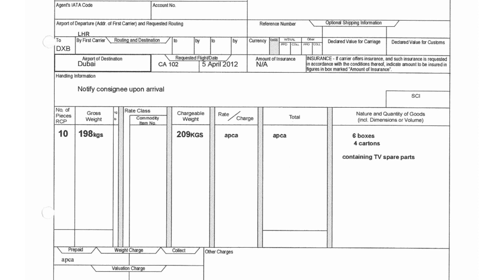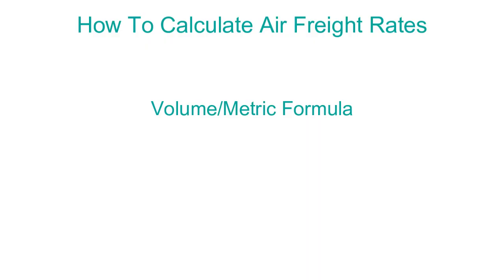Gross weight is the physical weight of the box or boxes. Chargeable weight is a formula. And the chargeable weight is the volumetric formula.